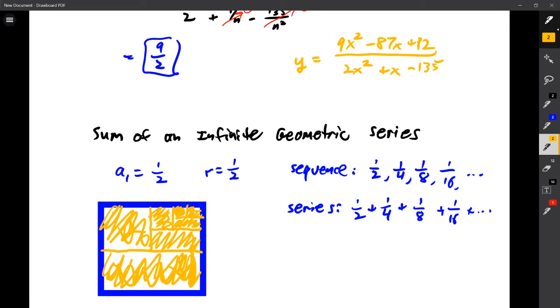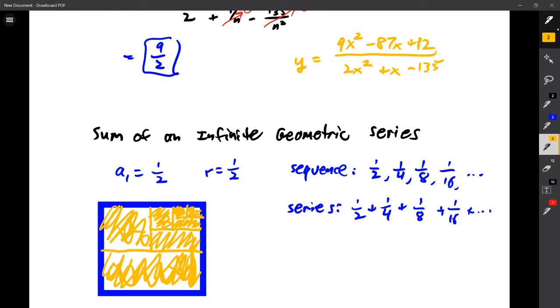And what's happening is, if we ever stop adding, we haven't quite shaded the whole square. But as long as we keep adding, we are getting closer and closer to shading the entire square. And if we never stopped, then what have we come infinitely close to doing?